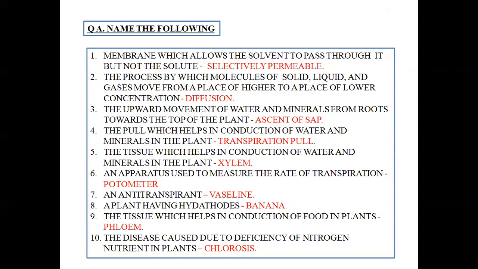It is vaseline. Next is a plant having hydathodes, and the answer is banana. The tissue which helps in conduction of food in plants is known as phloem. And the disease caused due to deficiency of nitrogen or nutrients in plants is chlorosis.